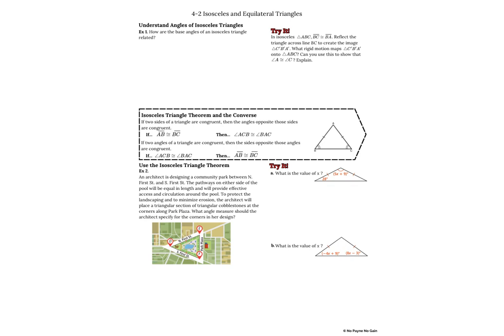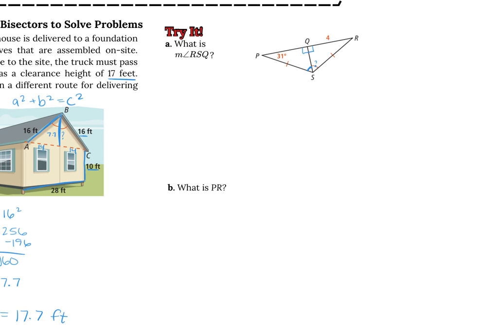I know that all of the angles inside of a triangle add up to 180 degrees. So the one that we don't know, I'm going to call X, plus the 90 that we know and the 31 that we know, equals 180.